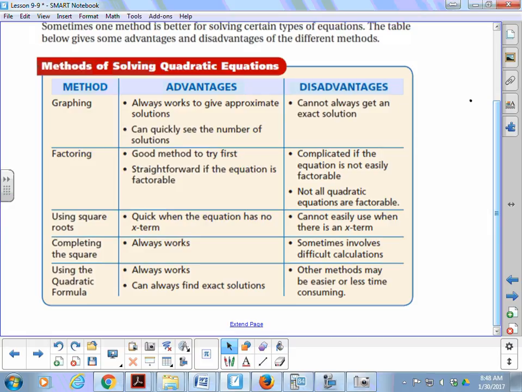Completing the square and quadratic formula always work. All right? Just depends on which one is your favorite when you get the option of which way you want to do it. If I can factor, definitely prefer that. And like they say, good method to try first. Okay? When they say, hey, do it whichever way you want to do it, usually it's up to you. And usually given the option, most of you go right to the quadratic formula because it's just a matter of plugging in the numbers and simplifying.